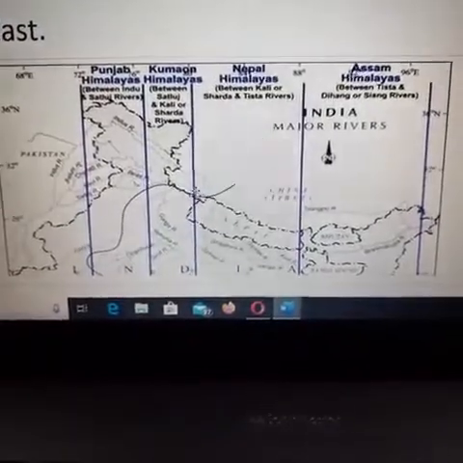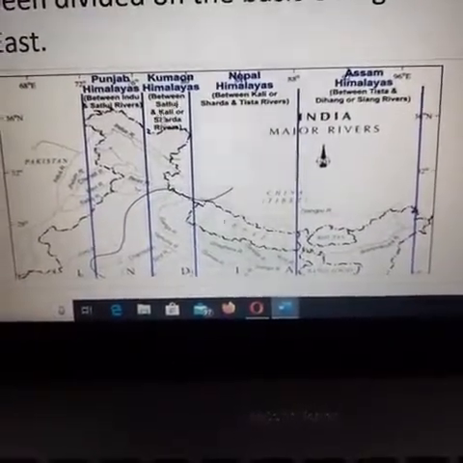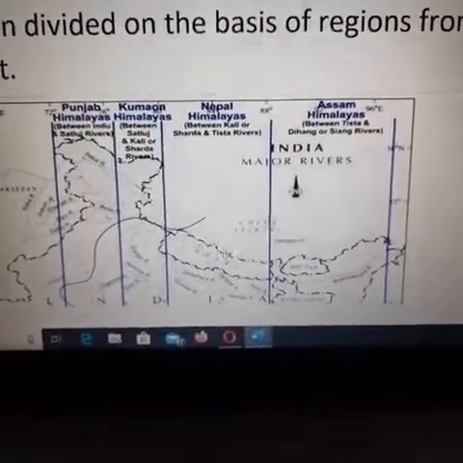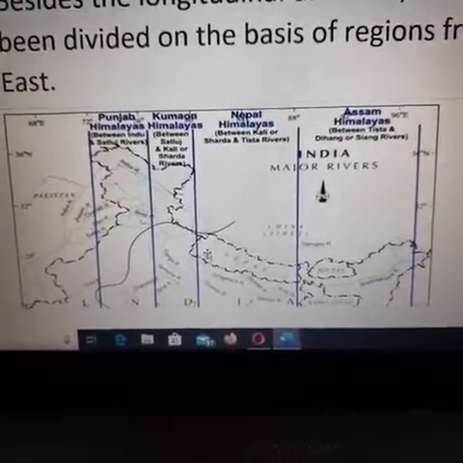In these Himalayas, the rivers flowing are the Sutlej and Kali or Sharda rivers, also flowing in this region. And then the Nepal Himalayas. In these areas, whichever rivers are moving, it is under the control of Nepal. So these Himalayas are called the Nepal Himalayas.